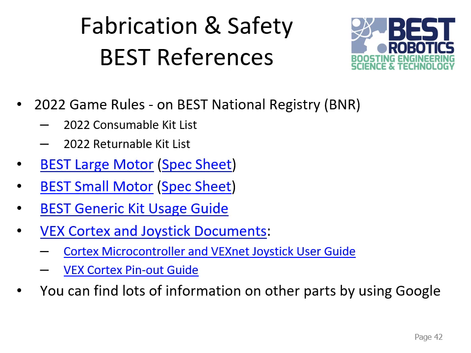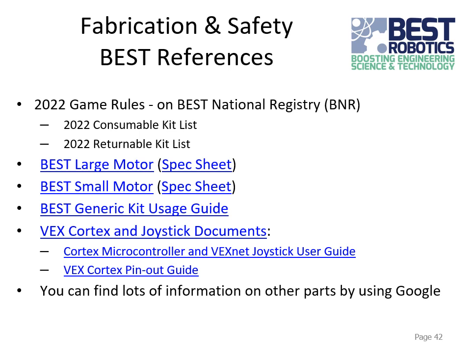Best has a generic kit usage guide that can be pretty useful, so check that out. That might also be on the registry, I'm not sure. And then there's some other documentation for the VEX Cortex and joysticks. So there's the user guide, and there's a pinout guide for the Cortex, and those are both useful to have also.